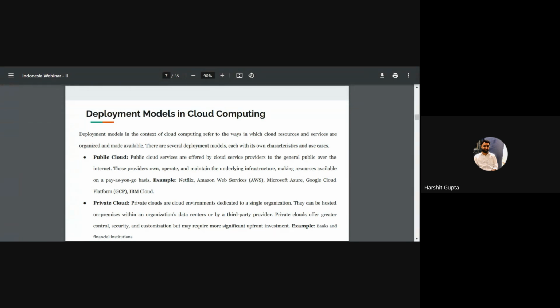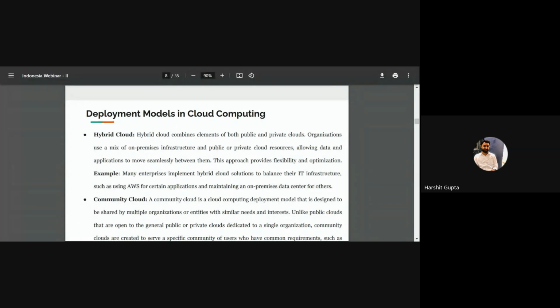The company simply puts a chunk of cloud service only for them, and they use those services from the cloud service provider. In this reference we may see the example of banks and financial institutions. Banks and financial institutions take their private cloud services and use them.